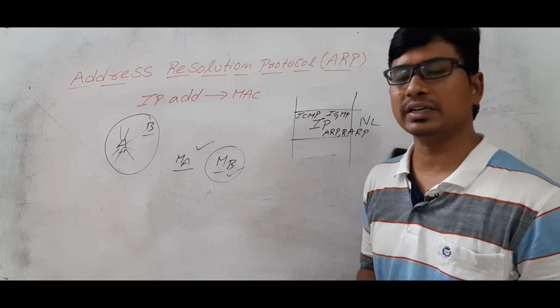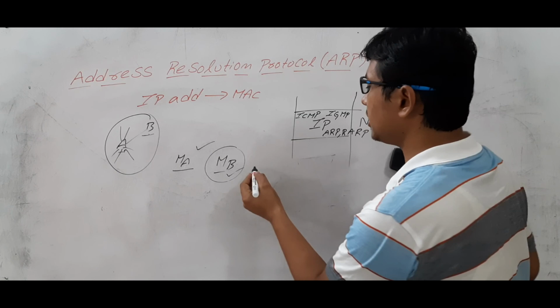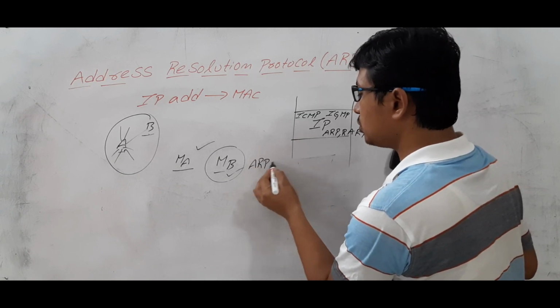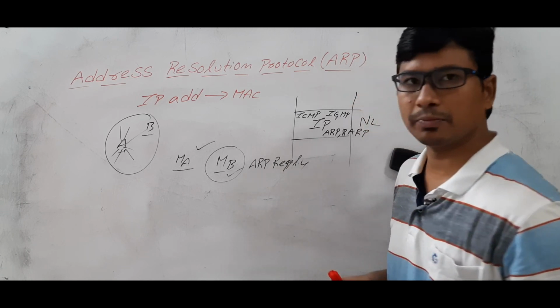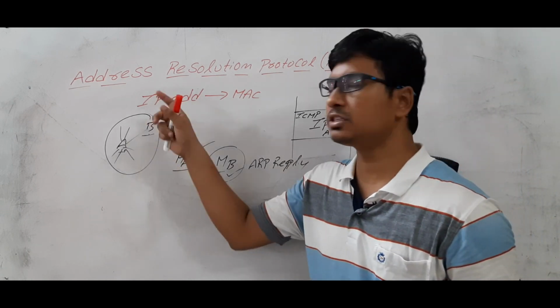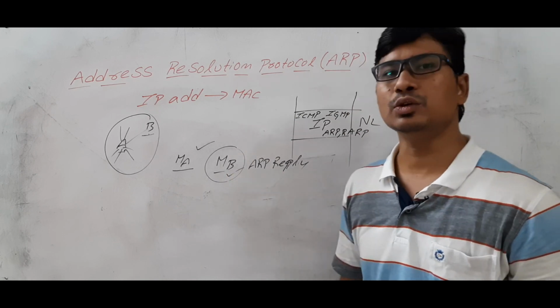Is it clear for you? So this is the ARP reply packet. So you have an ARP request and an ARP reply. ARP request does the broadcasting and ARP reply is unicasting.